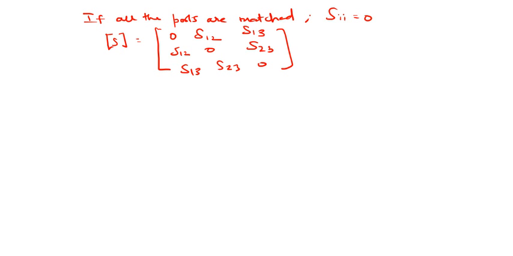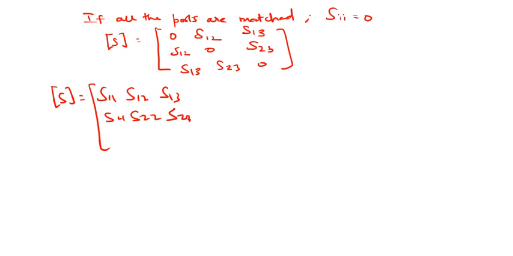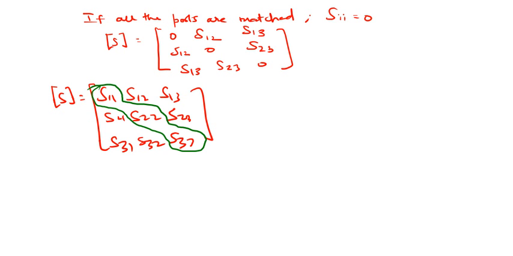And here we have applied the reciprocal condition also. Let us see the original matrix, then you will understand. S11, S12, S13, S21, S22, S23, S31, S32, S33. First we have made all the diagonal elements equal to 0, since if all the ports are perfectly matched, then these elements are 0.